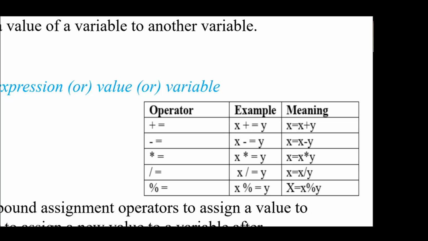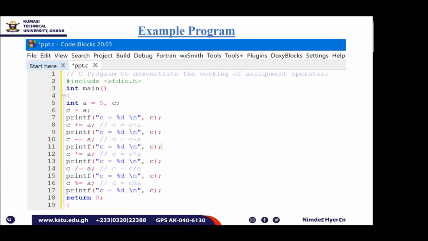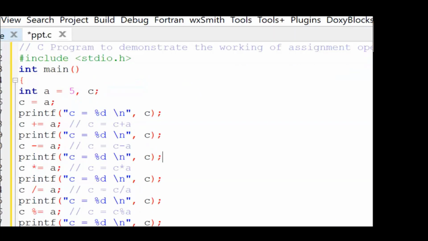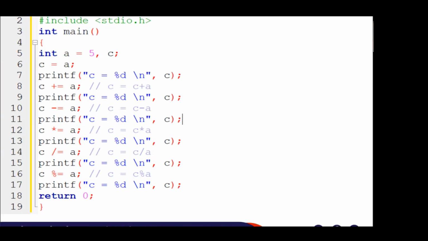So what we are basically saying in this code is that integer a equals to 5, and another integer c. These are all variables that we have declared. Because we are saying a equals to 5, the value for a would never change throughout the code.